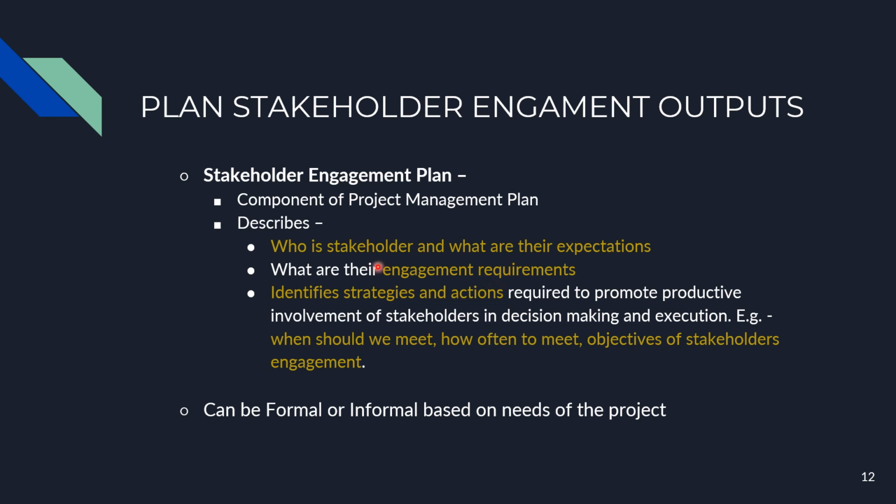It also helps in identifying and documenting the strategies and actions so that we can effectively engage the stakeholders in decision making and execution of the project. Examples of strategies are: when should we meet the stakeholders, how often do we meet, what is our communication channel, and what are the objectives of the stakeholder engagement. The stakeholder engagement plan can be formal or informal based on the needs of the project.